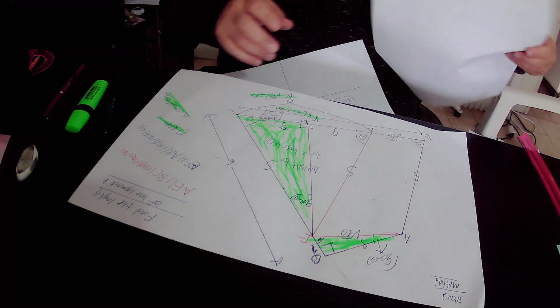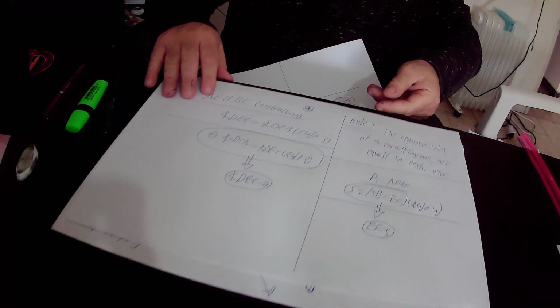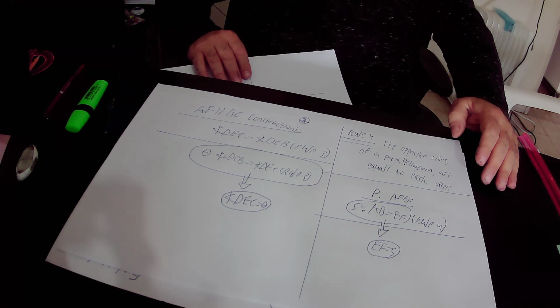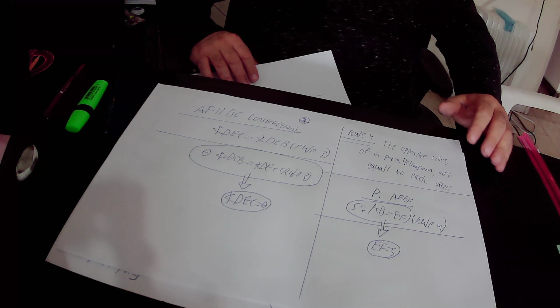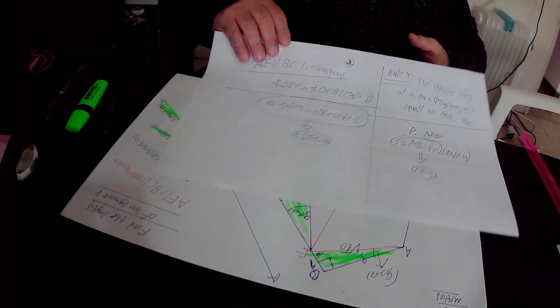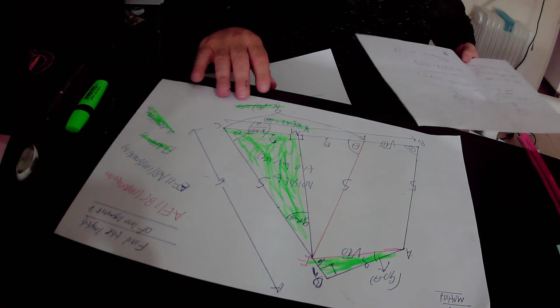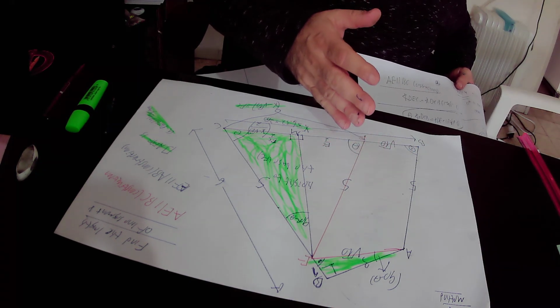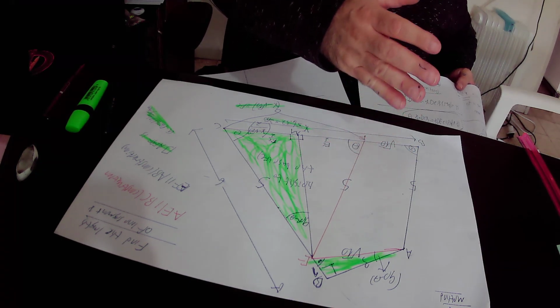Then I presented to you rule number 4. According to rule number 4, the opposite sides of a parallelogram are equal to each other. So here we have parallelogram AEBF, and its opposite sides are equal.